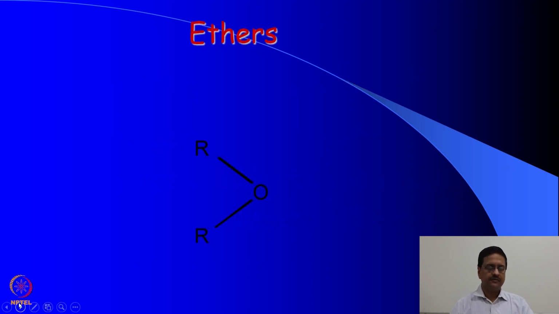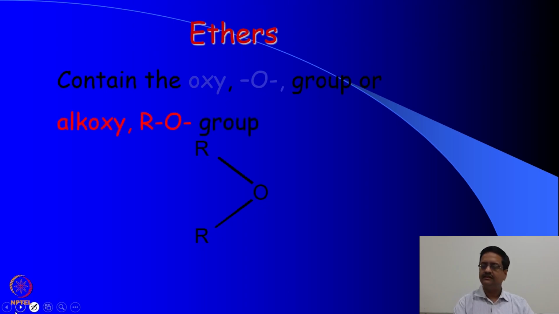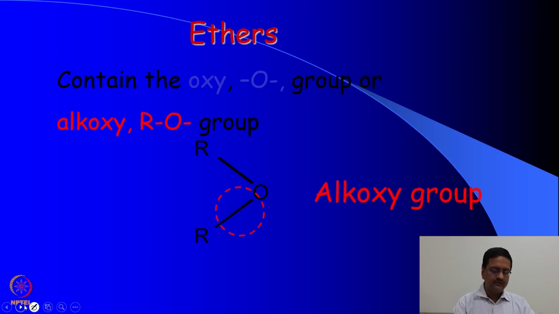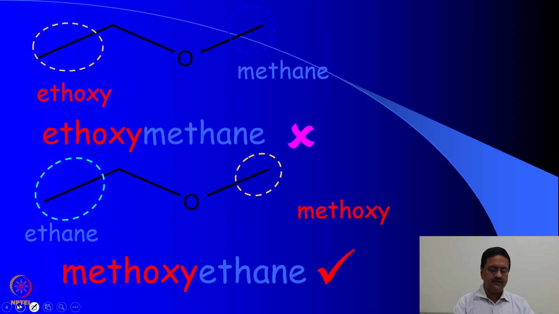The next class of compounds are ethers, where you can have 2 alkyl or aryl groups connected by 1 oxygen, and these are called the alkoxy groups, where you have a bond of R and oxygen. So, here in this case you can see one molecule, and we can write the name in 2 different ways.